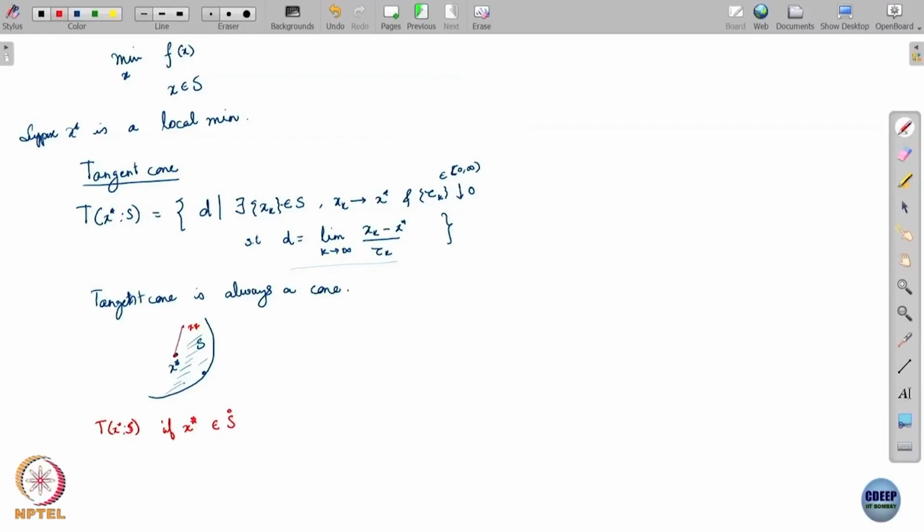Here is the vector xk minus x star. I can think of its origin shifted to x star and pointing towards xk. As xk goes to x star, xk minus x star will go to 0.